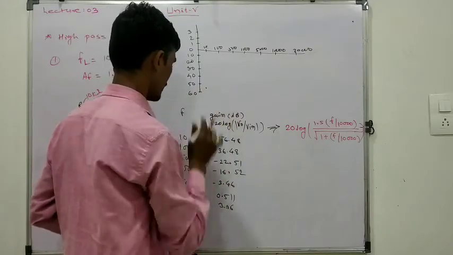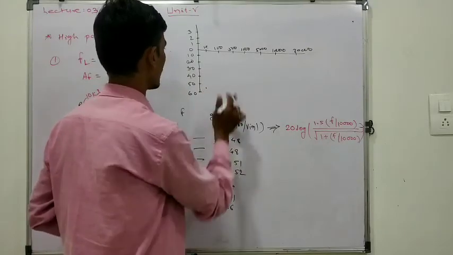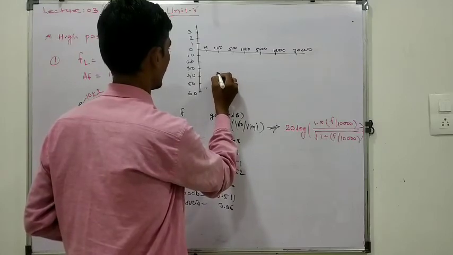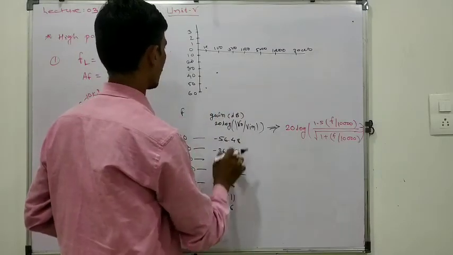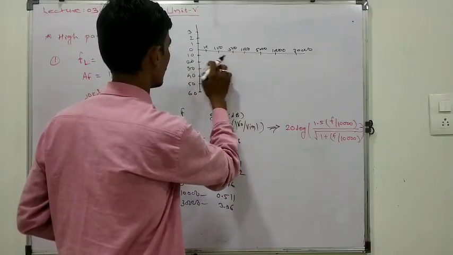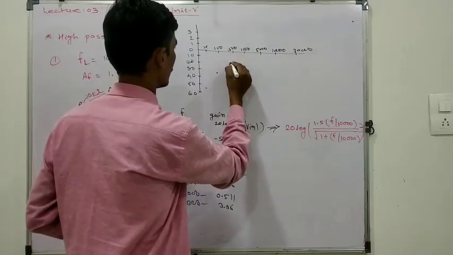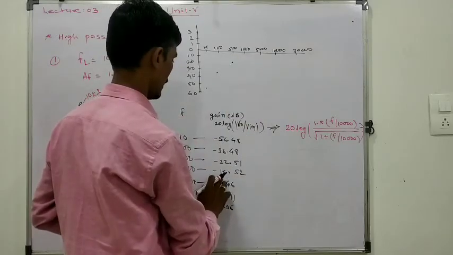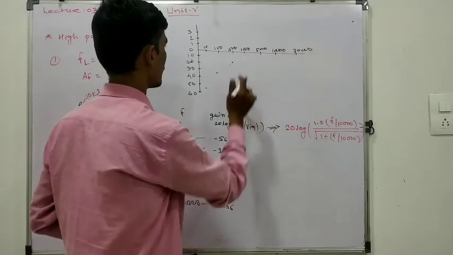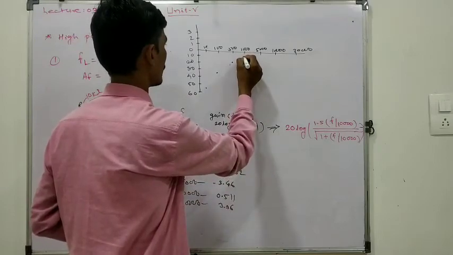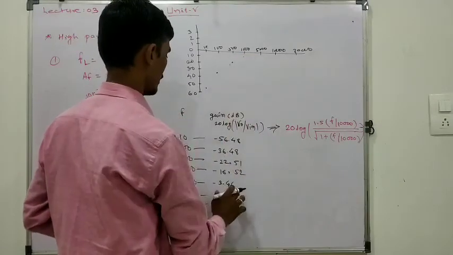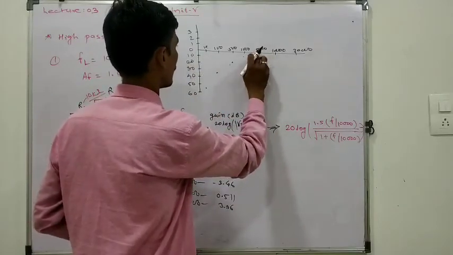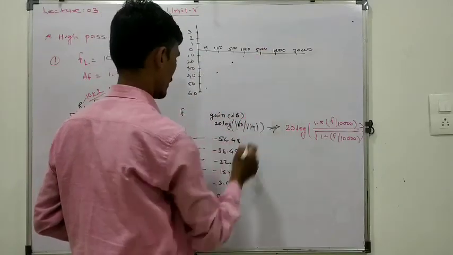This point appears somewhere here. This is for minus 36, and this point appears here. Then the next is minus 22, somewhere here. Then minus 16, somewhere here. Then minus 3.06 for 5000, somewhere here.